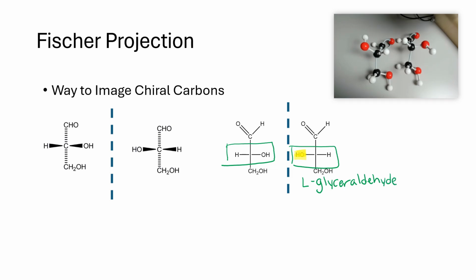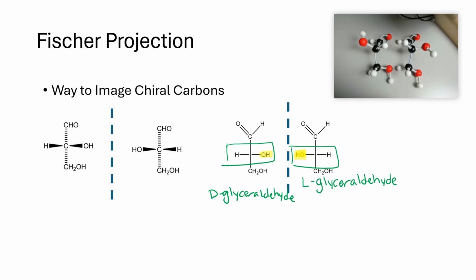Which means that its mirror image isomer, or enantiomer, has to have the OH group on the opposite side of that same chiral carbon. The OH group is on the right side of that chiral carbon. The designation we use for this is D. Therefore, this is D glyceraldehyde.